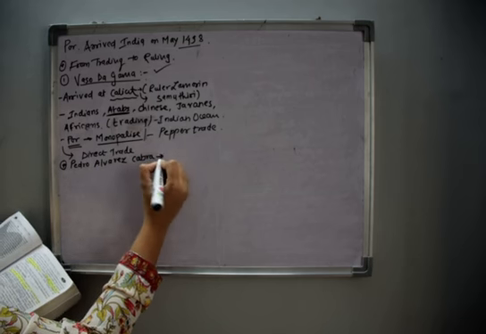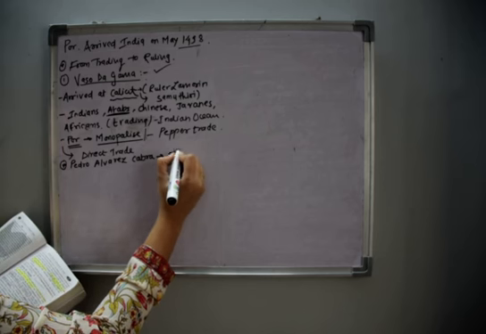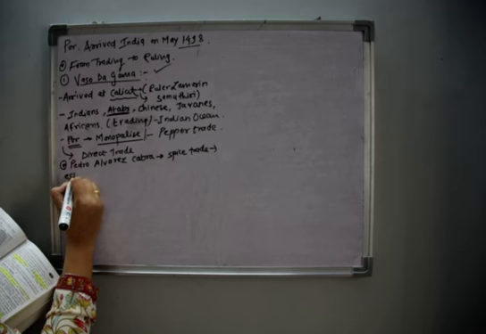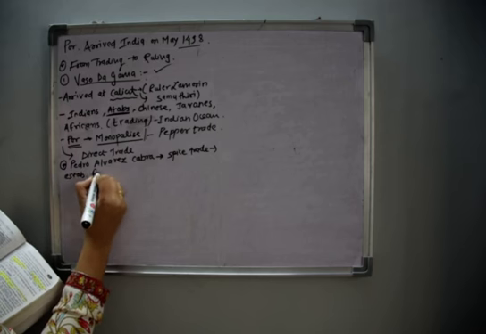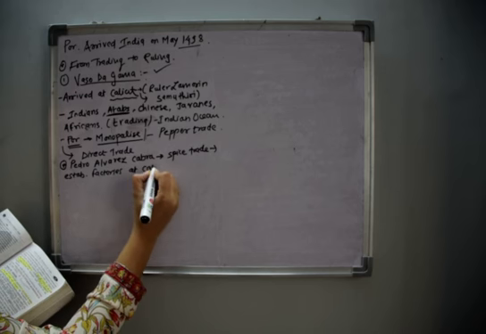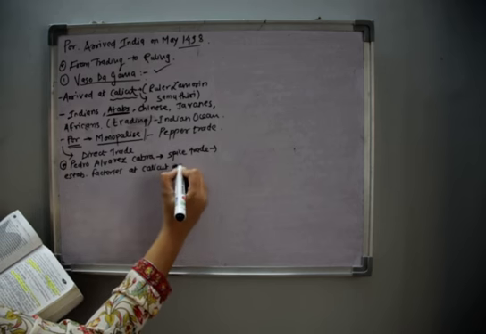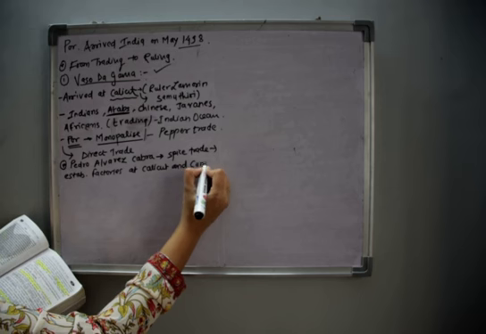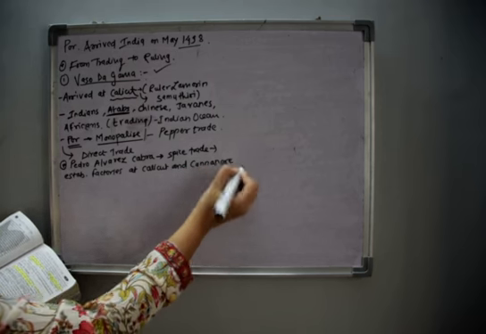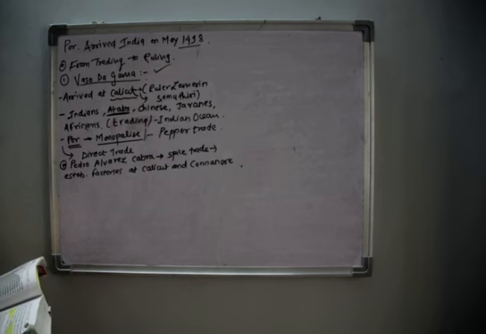He came, he was trading in spices, and he established factories at Calicut and Kannur. Okay, only this much is important.